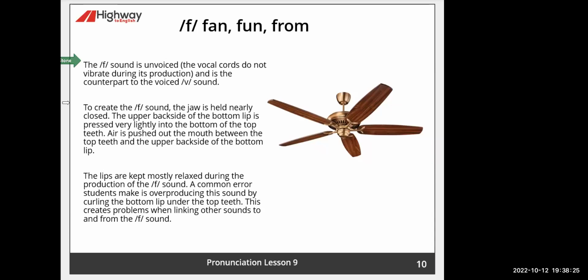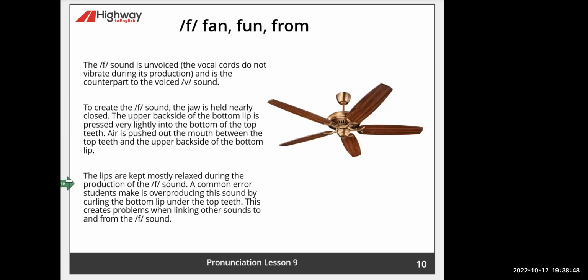To create the F sound, the jaw is held nearly closed. The upper backside of the bottom lip is pressed very lightly into the bottom of the top teeth. Air is pushed out the mouth between the top teeth and the bottom lip.